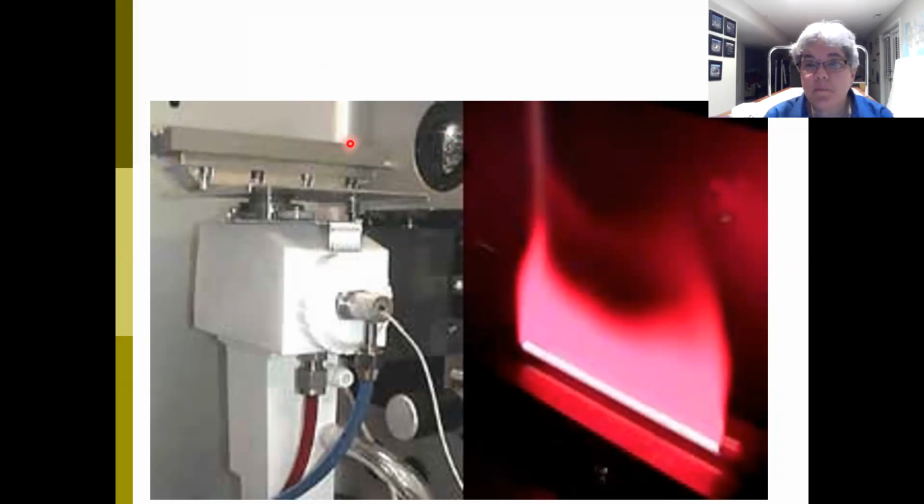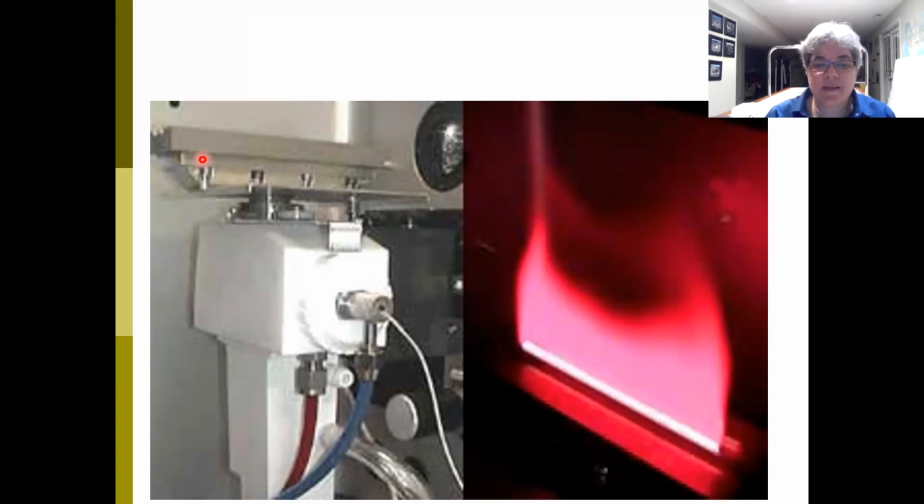Notice that the path length, the length of the flame, is pretty long. It's 5 to 10 centimeters. That means you're going to get a higher signal because this is absorption, Beer's law. Absorbance is proportional to ABC, path length. So longer path length will increase your signal.